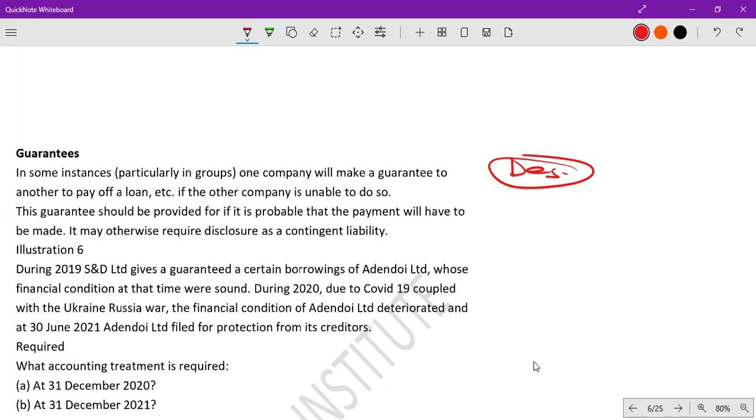You are guaranteeing that in the event that the person fails to pay, you should be held responsible for it. It will fall on you. But sometimes I always make it so diplomatic.